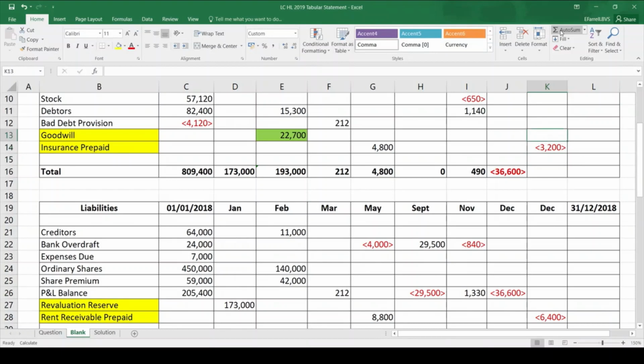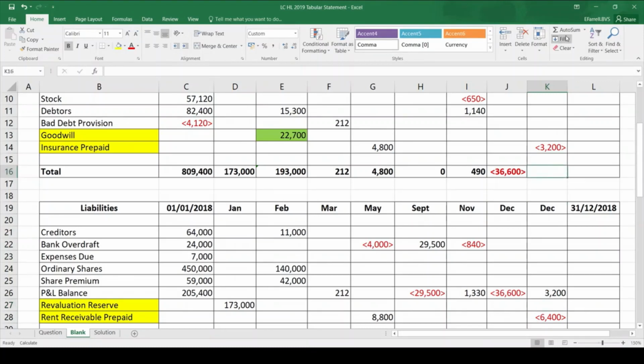And then the last figure will be the profit and loss balance, because we're after recognizing profit from the rent, which is income, of 6,400. We're after paying insurance expense of 3,200. So the profit and loss balance will be the difference between 6,400 and 3,200, which is 3,200. And that's going to be a plus figure because we got more income from the rent than the expense that we paid for the insurance.